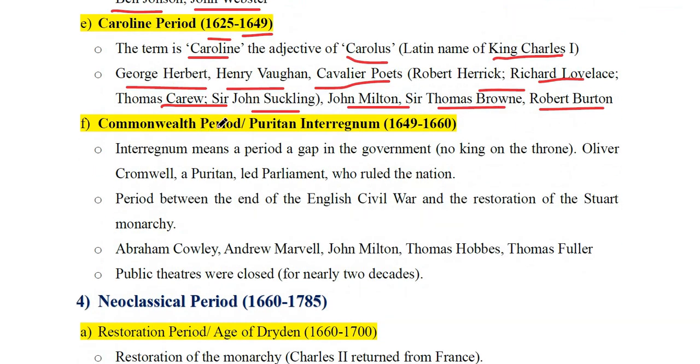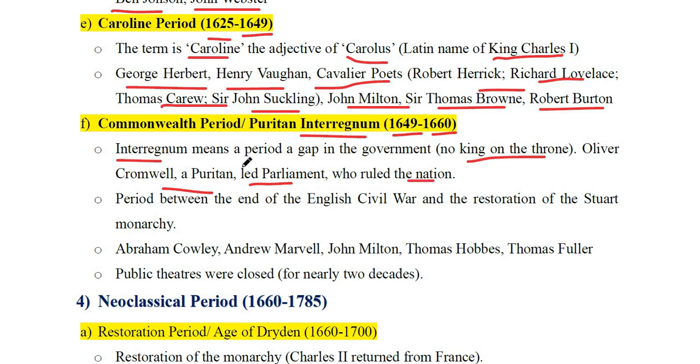Then comes the Commonwealth period or Puritan interregnum, 1649 to 1660. Now, why is this called interregnum? Interregnum is a Latin word which means a period or gap in the government. So, when there is no king on the throne, that period is called interregnum. In this time period, there was the dominance of the Puritans. Oliver Cromwell, who was a Puritan, led the parliament and ruled the nation.